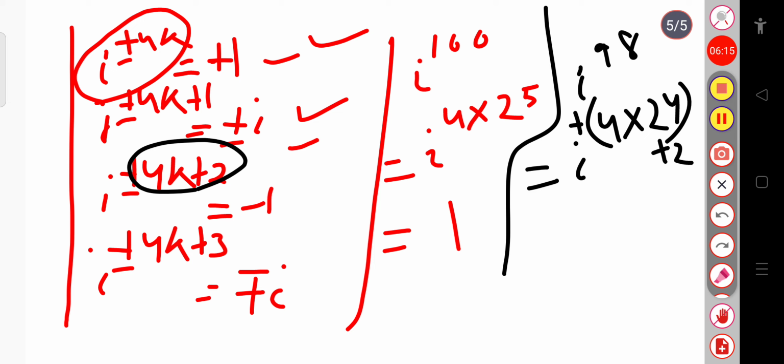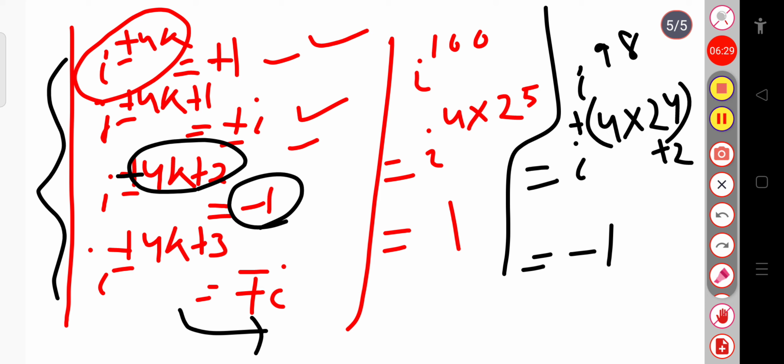So here for plus 4k plus 2 this will be minus 1. So simply this will become minus 1. Okay. So write down this formula in your copy, where this k equal to 0, 1, 2, etc.